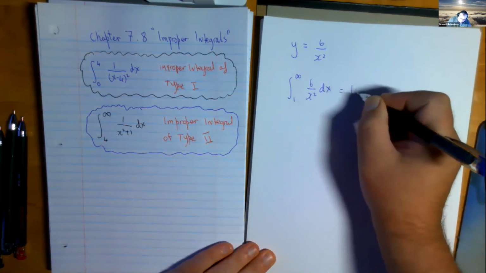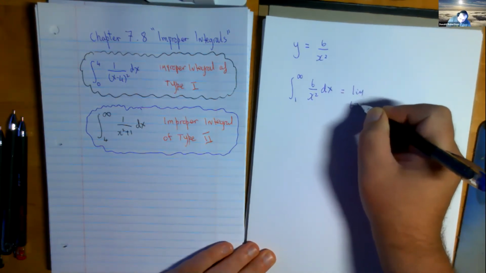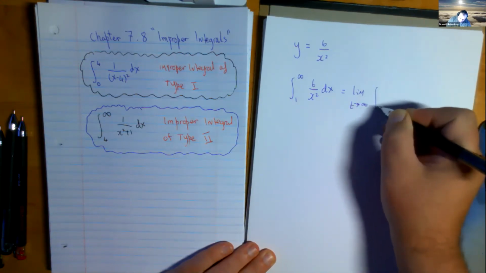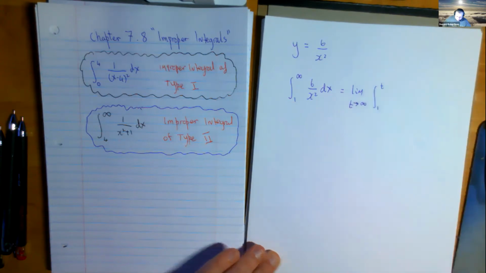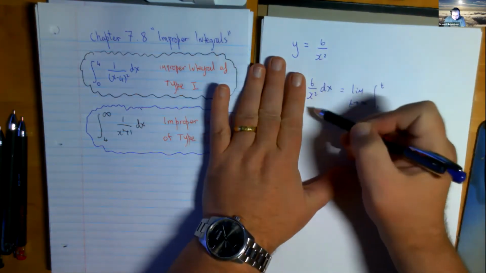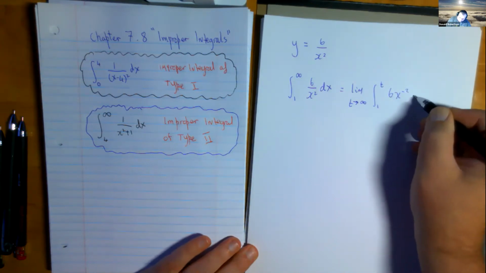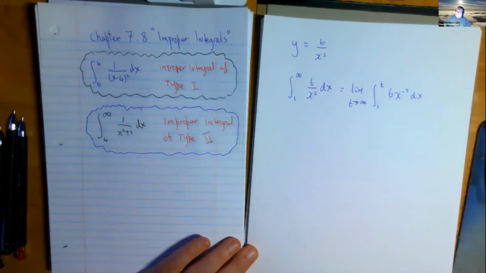So it's going to become the limit as t tends to infinity of the integral from 1 to t. Now, since I'm going to have to integrate 6 over x squared, I'm going to rewrite it as that.